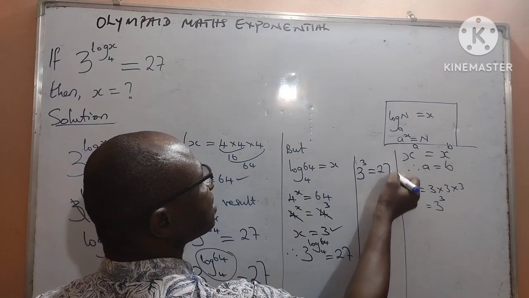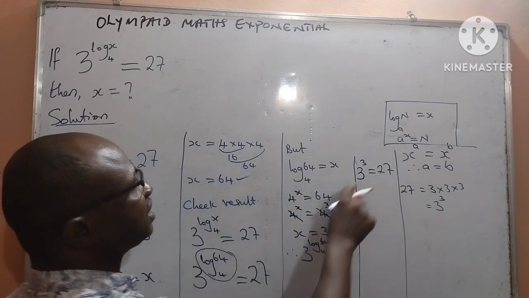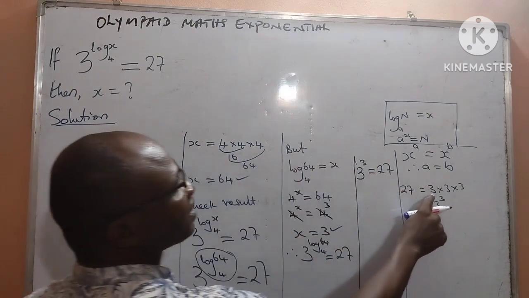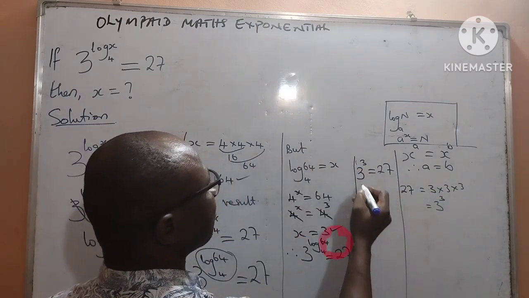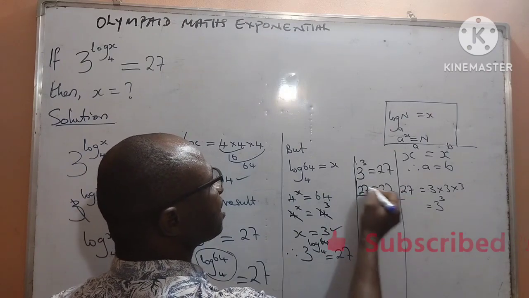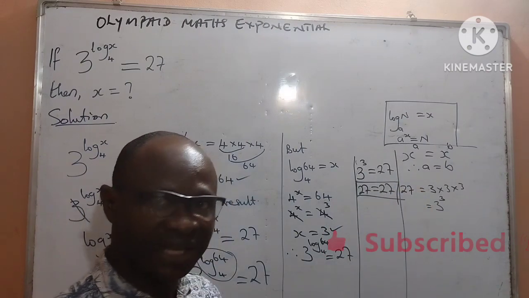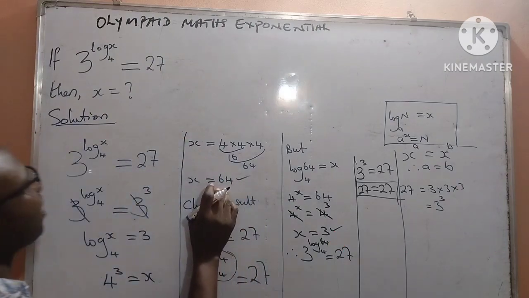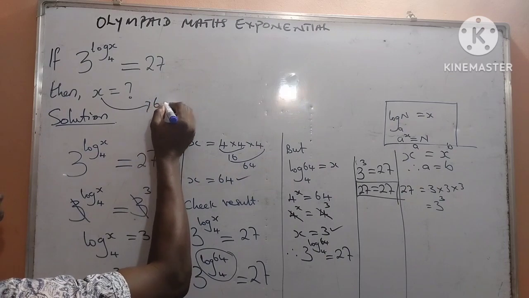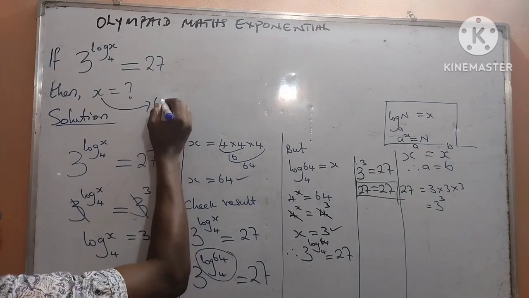Is it equal to 27? That's the question. Yes, we agreed from the starting point that 27 is 3 times 3 times 3. So I write 27 is equal to 27. Concluding and authenticating the answer we got for x, that the value of x is equal to 64.